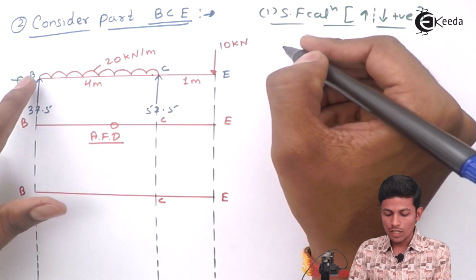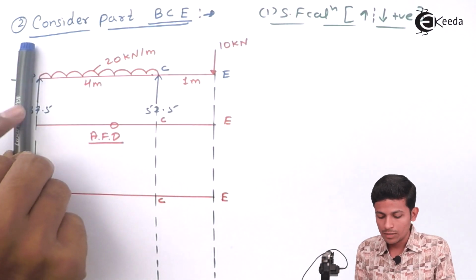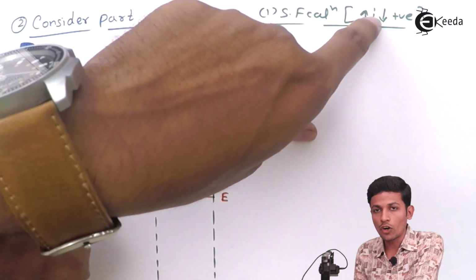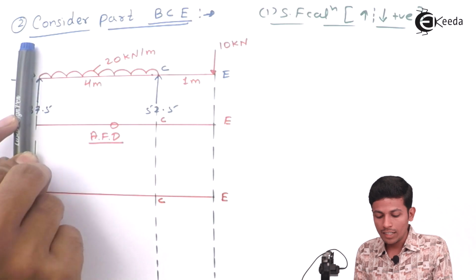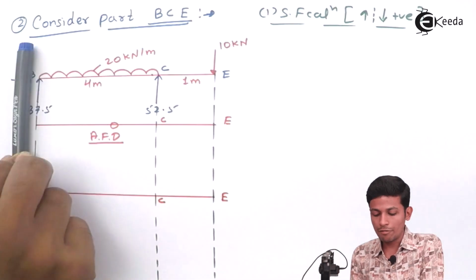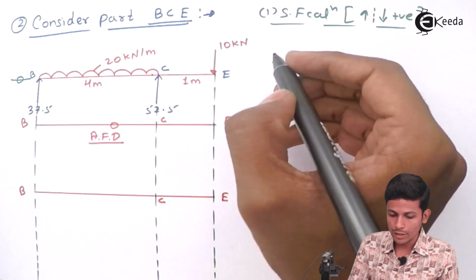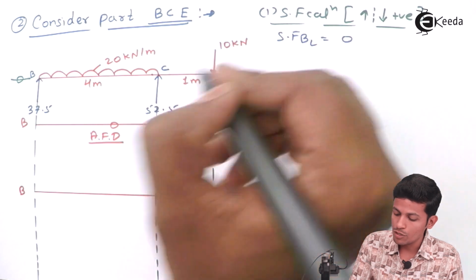Shear force at B left means you are taking a section over here. This marker is nothing but this dotted line. We are placing the marker over here and looking at the left part. In the left part there is no load, so shear force at B left will be 0.